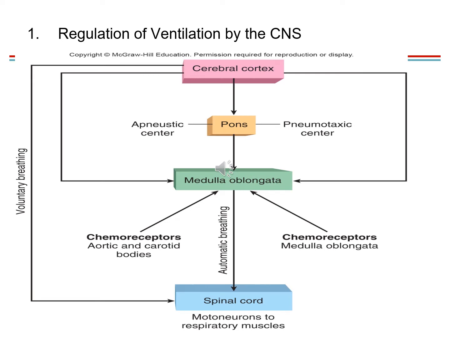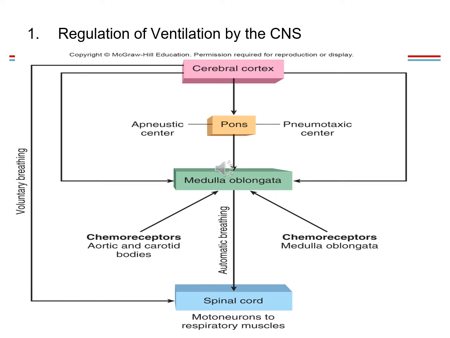Now, the pathway from the chemoreceptors is reaching the pons, and from the pons the medulla oblongata. And the medulla oblongata sends a message to the spinal cord that is acting through the motor neurons to reach the respiratory muscles.